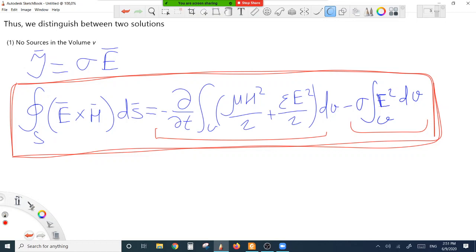Thus the Poynting vector P, which is E cross H, must also be negative.